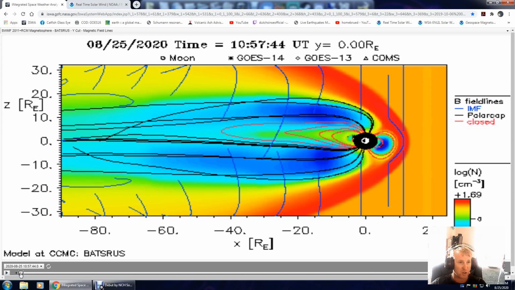These IMF lines should be here. They're depicting the other magnets in our solar system connected to the sun. This one's denoting the sun here. It should be straight through. These should all be straight up and down, but they're not. But like I said, these should be here normally.